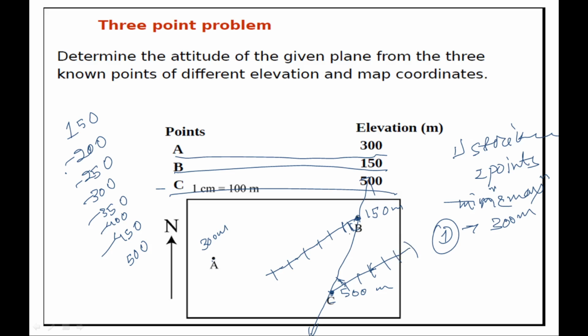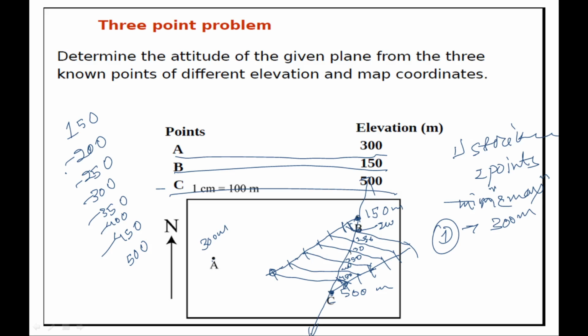Then you have to join the first and the last, like this, then this. Then you will get 200, 250, 300, 350, 400, then 450, and this is 500.